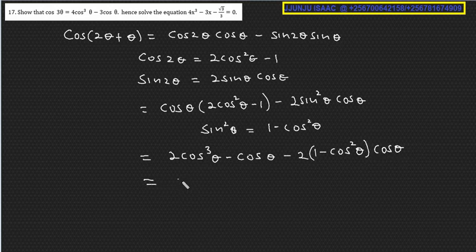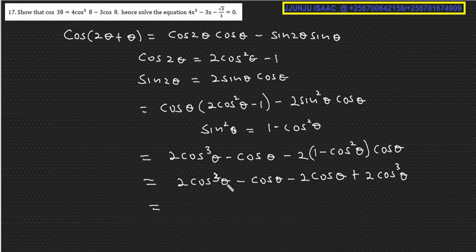So this gives us 2 cos cubed theta minus cos theta minus 2 cos theta, then plus, when you multiply negative 2 with this, then plus 2 cos cubed. And by the way, this is not squared, this is 2 cos cubed theta. Sorry about that.